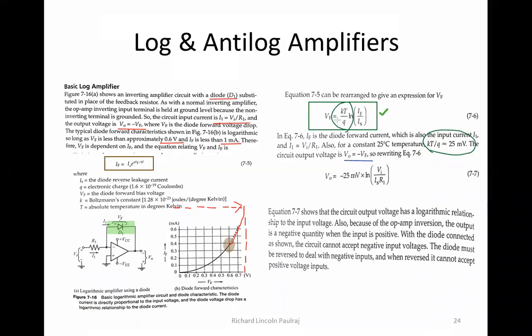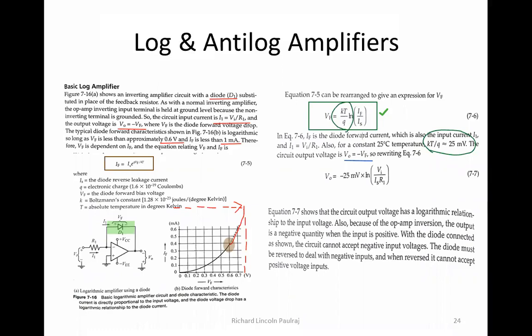If we substitute, since V0 is equal to minus Vf, I substitute Vf by V0 and take the minus, and kT by q is 25 milli, so 25 milli into ln of If, the forward current, which is dependent on Vi and R1, divided by Is, because it's in the denominator. So we have a revamped equation here.